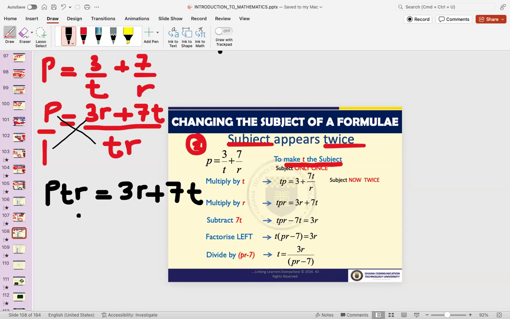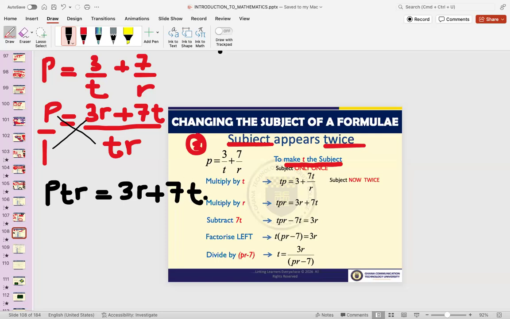So in this case, T has appeared twice. I see T here and I see T here. That is why this question is falling under subject appearing twice.